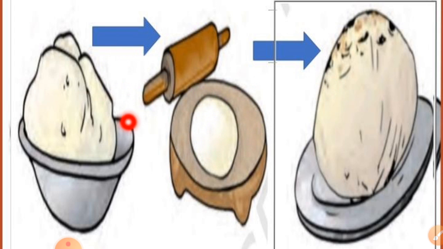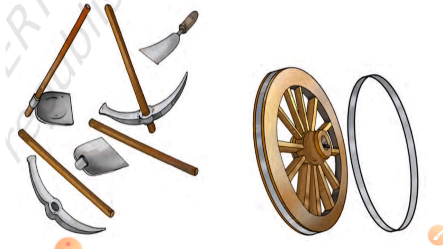Okay. Now students, you can see here there are many tools, right? These tools are used by farmers. The tools are often heated before fixing wooden handles. But how are the iron blades fixed to the wooden handle? So now we learn how it is fixed into the wooden handle.